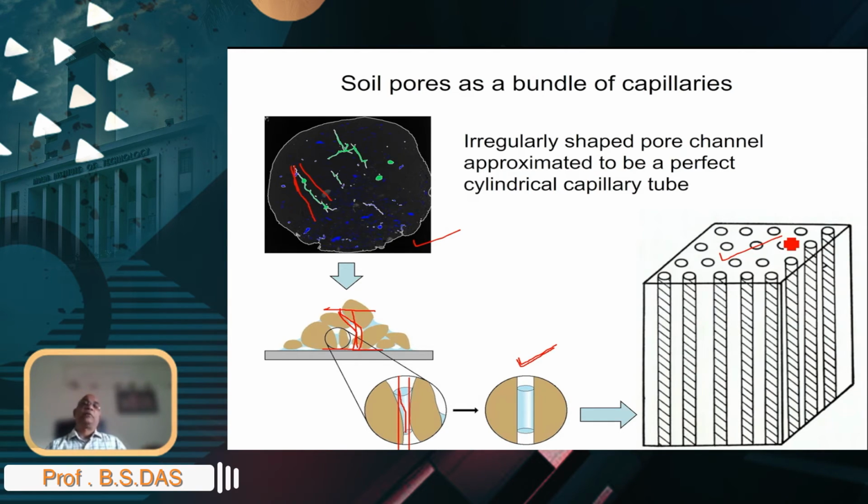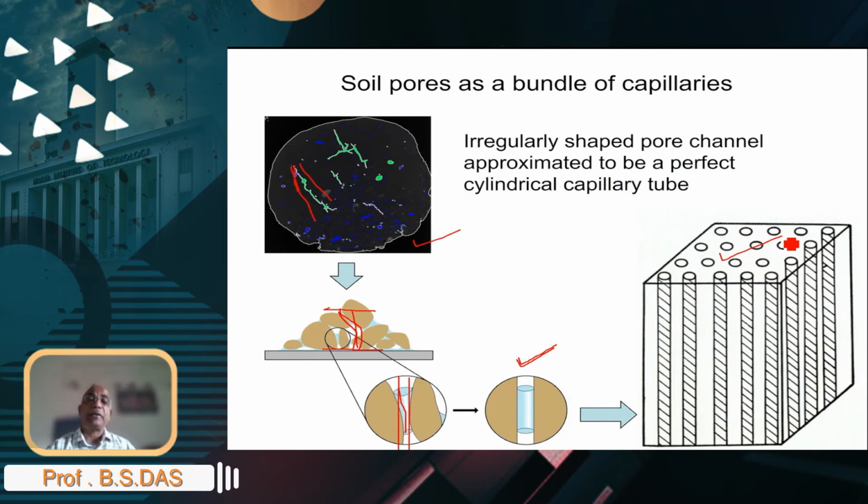The only difference is they may have different radii, and the radii of the pores may be statistically distributed, but still you can visualize this soil as having straight capillary tubes passing from one end of the soil to the other, and a bunch of them, and so I can think about the soil's pore space as something that can be reconstructed in the form of a bundle of capillary tubes, if you imagine, right?